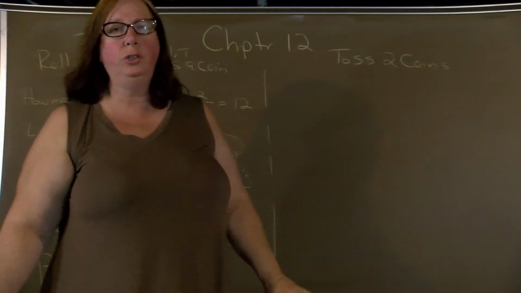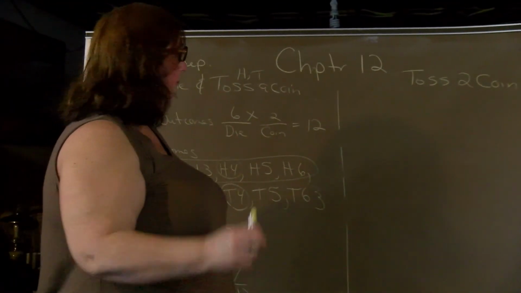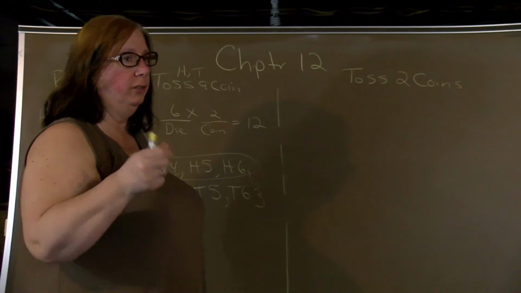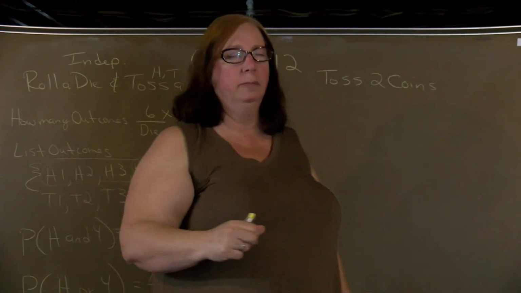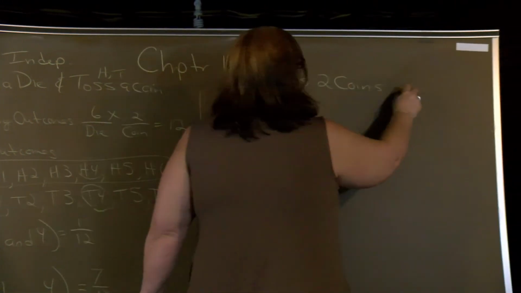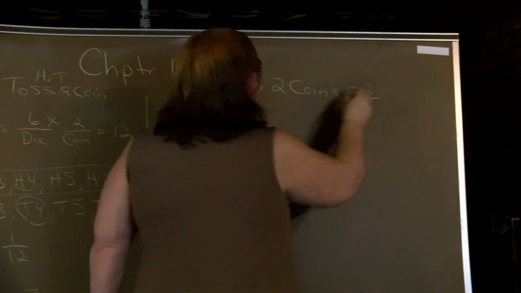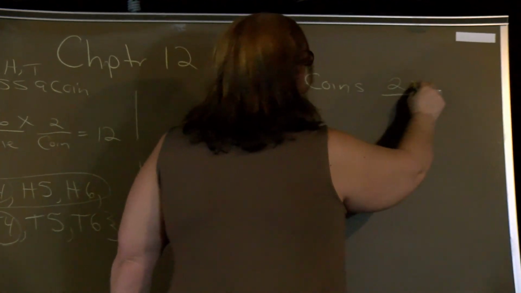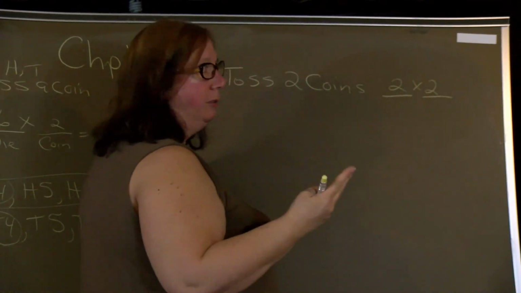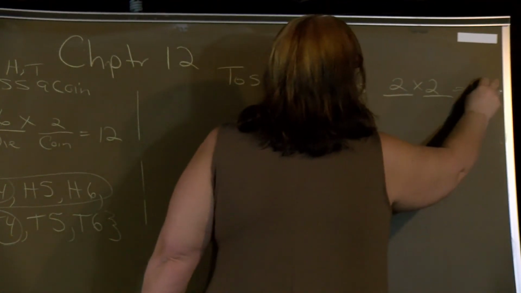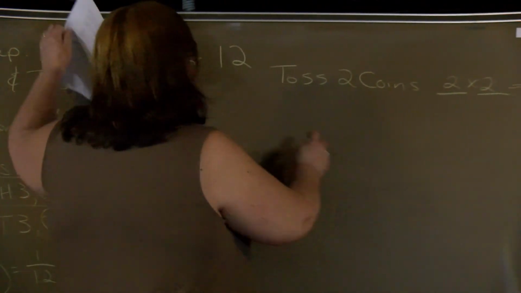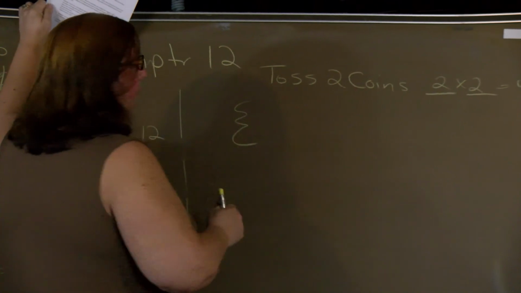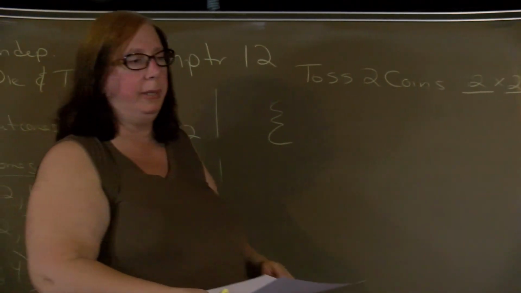How about tossing 2 coins? What you get on the first coin has no relationship to what you get on the second one, which means it's independent. When we toss the first coin, 2 outcomes. Second coin, 2 outcomes, which means our outcomes should be 4. So think about what the outcomes would be.